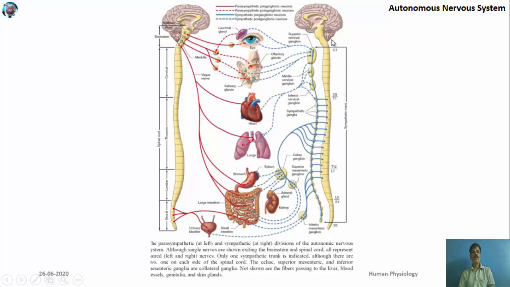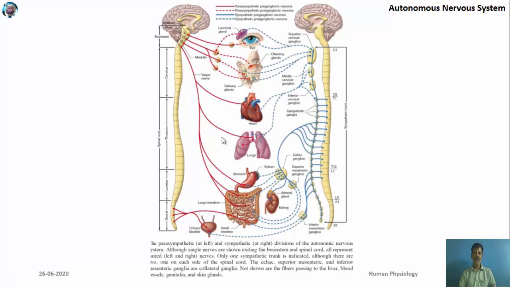Okay, so the nerves starting from the cervical region to the sacral region mainly contribute to the sympathetic nervous system. The brainstem region, the cranial region, as well as the sacral region contribute to the parasympathetic nervous system.